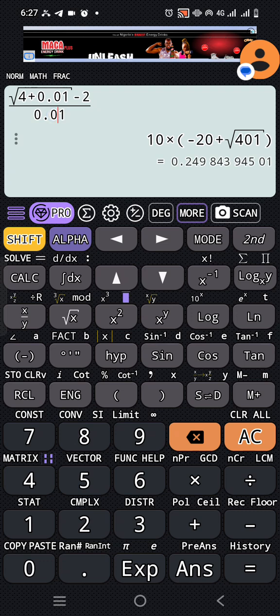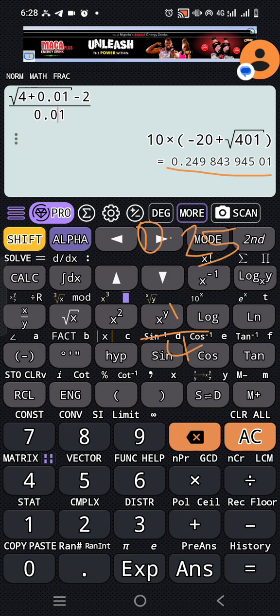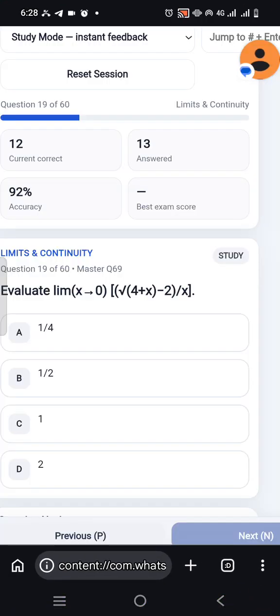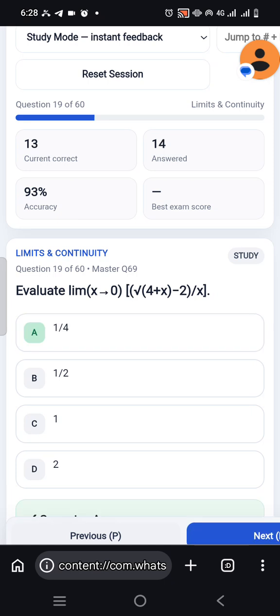I also take x to be 0.01. What did I get? 0.249, and I know that is very close to 0.25. That is 1 over 4. So 1 over 4 is actually my answer. So the same approach. You can decide to use your normal method if you wish to. So 1 over 4 is the answer.